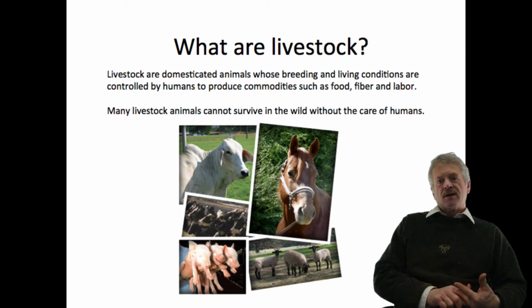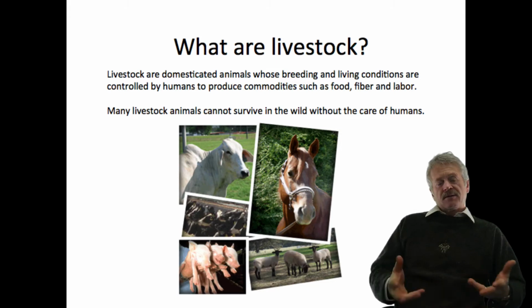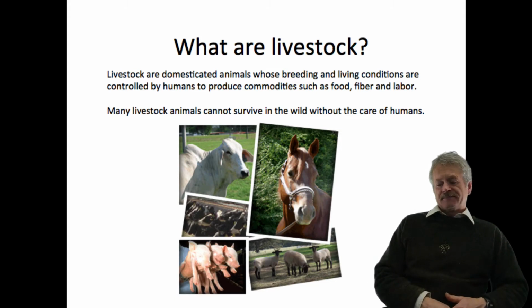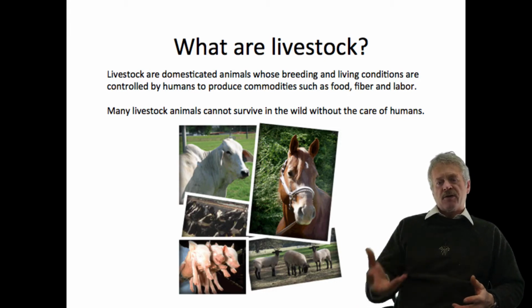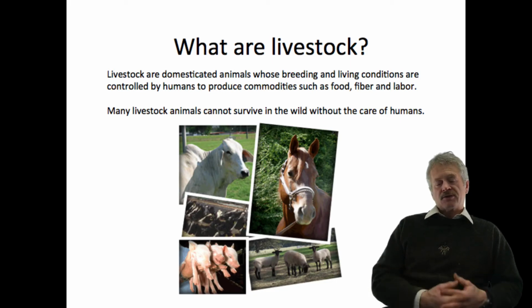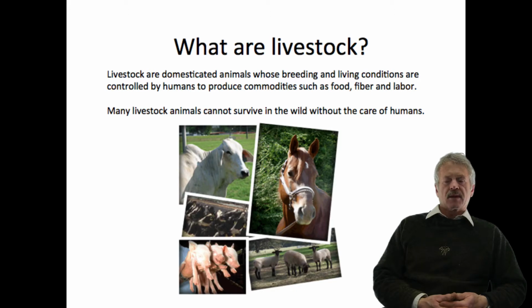Not so much in Alaska, but for a lot of people in the circumpolar north, livestock, reindeer, are used as a source of transportation. And most of these livestock are attached to our hip. They cannot survive in the wild or without the stewardship of humans.